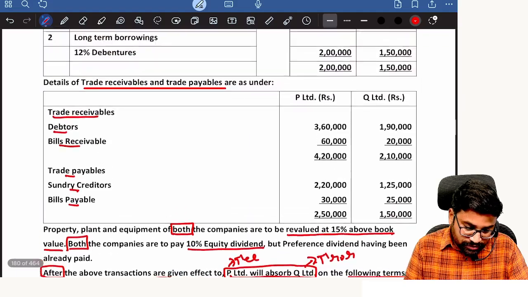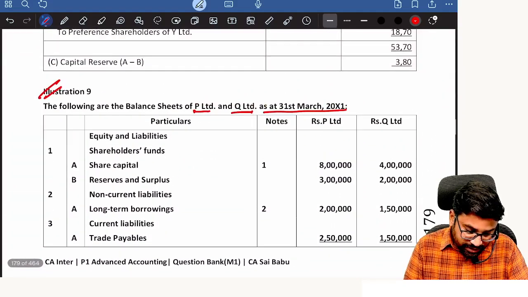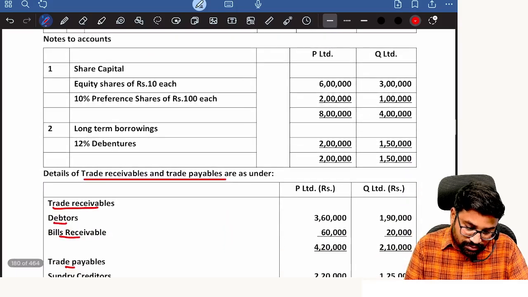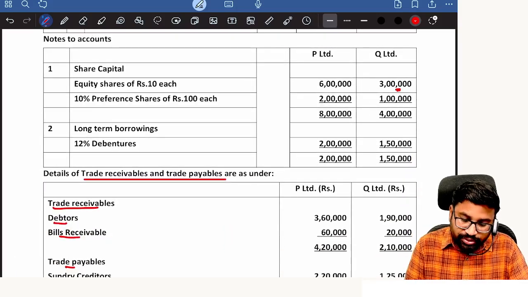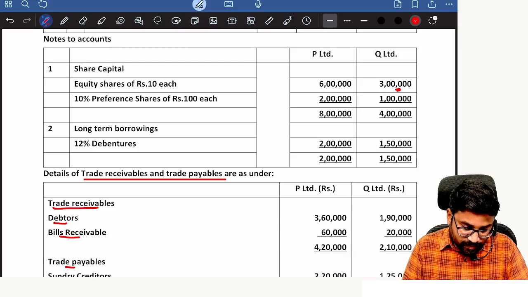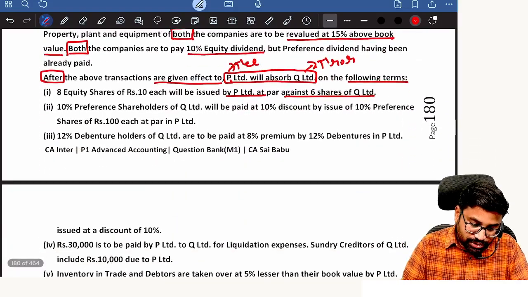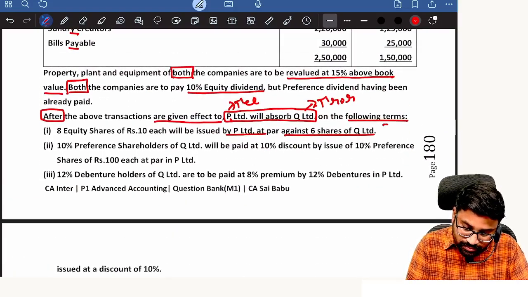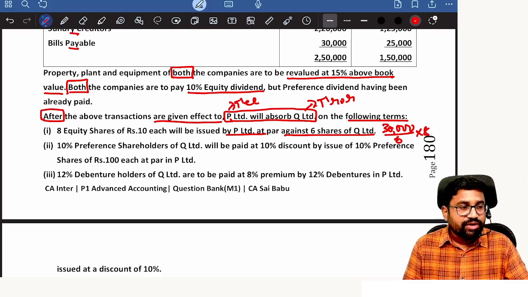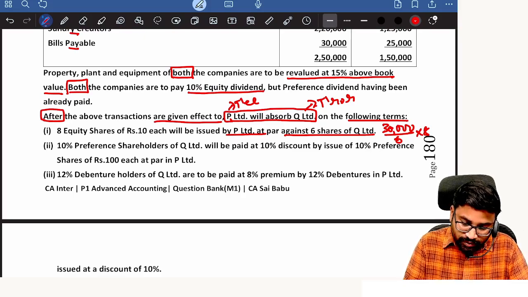Q Limited equity share capital is 3 lakhs, each share face value 10 rupees. So 3 lakhs divided by 10, 30,000 shares. For every 6, 8 shares. So 30,000 divided by 6 into 8, 40,000 shares will be given.